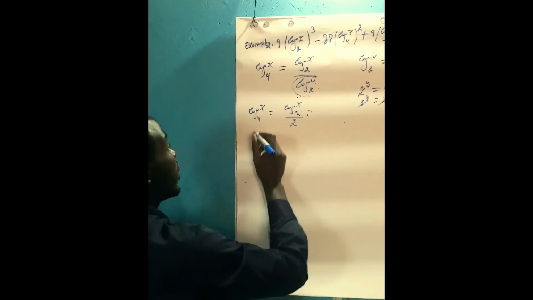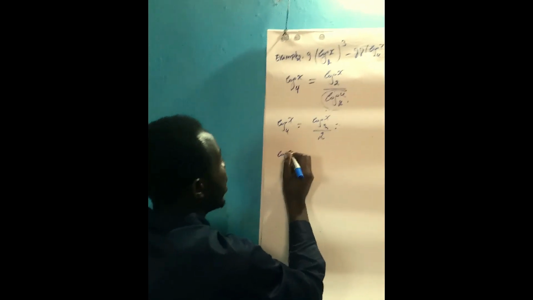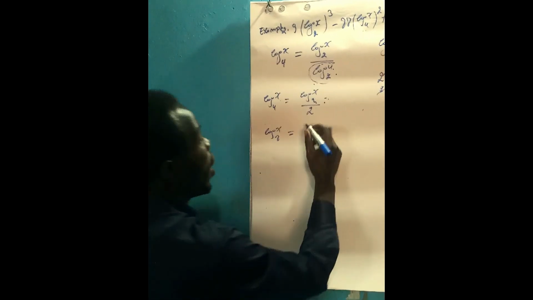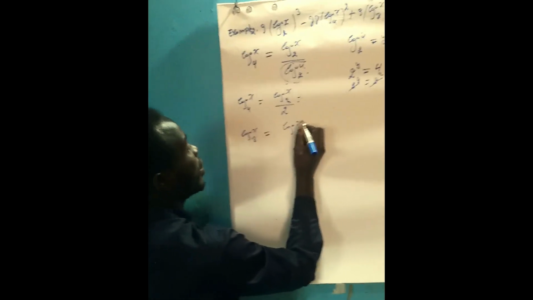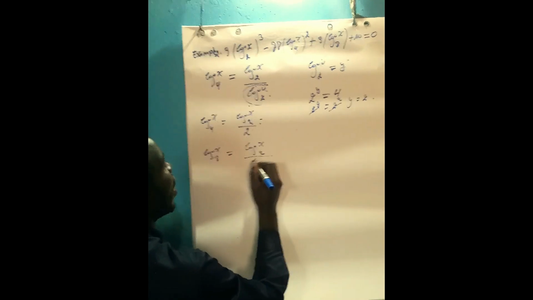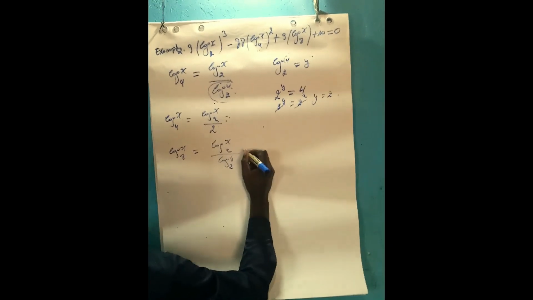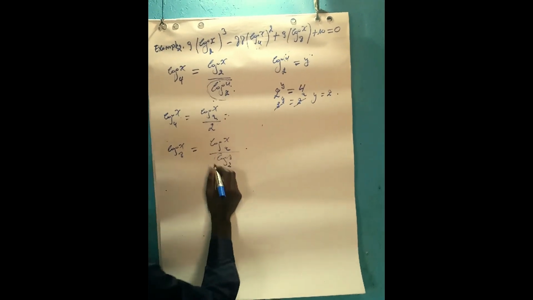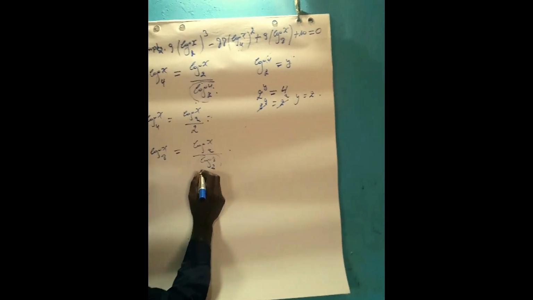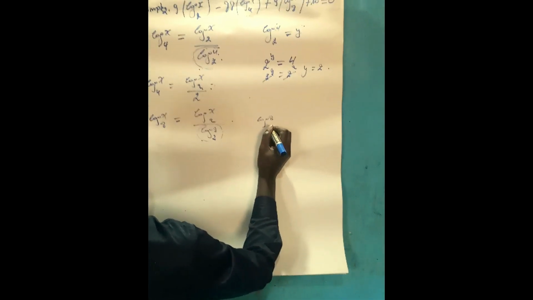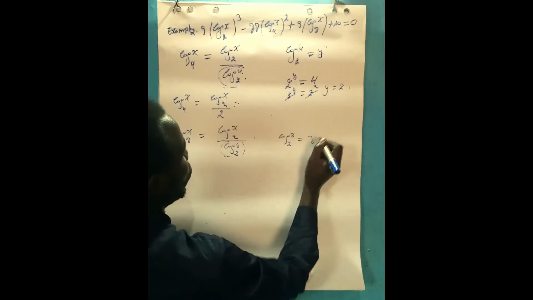Then convert logarithm of x base 8 into base 2. It's the same way: we have logarithm of x base 2 over logarithm of 8 base 2. So then we find the number and replace this. If we have the logarithm of 8 base 2, we suppose it's equal to y.